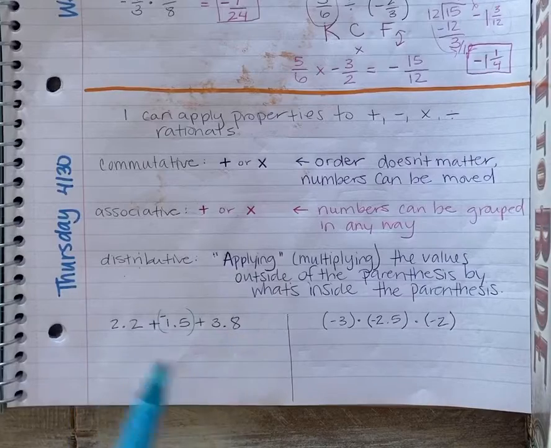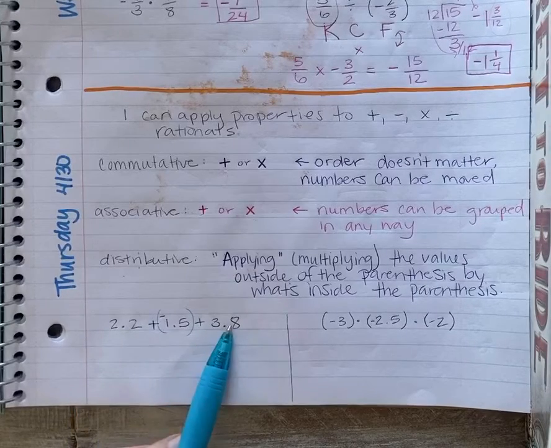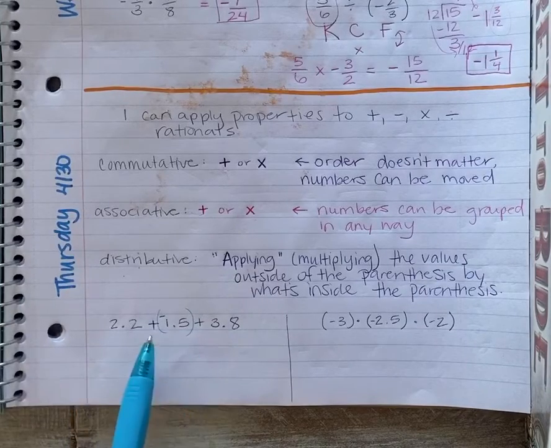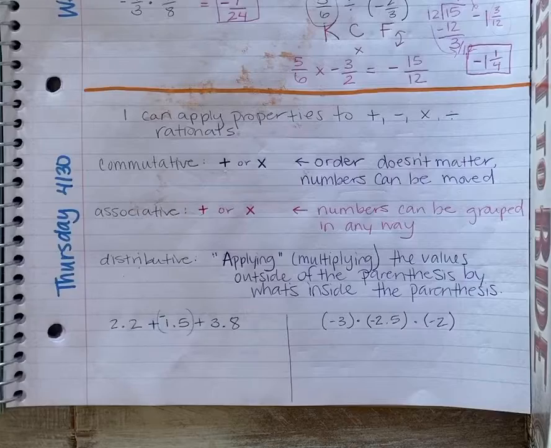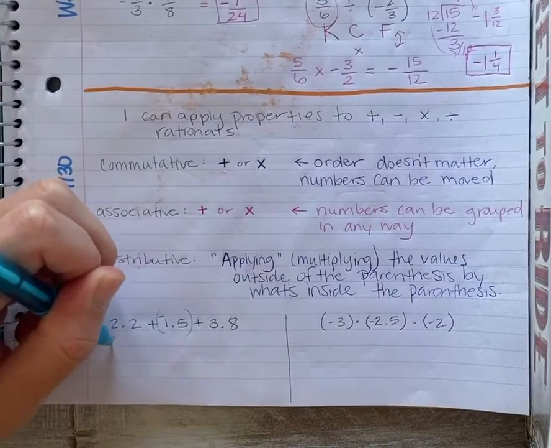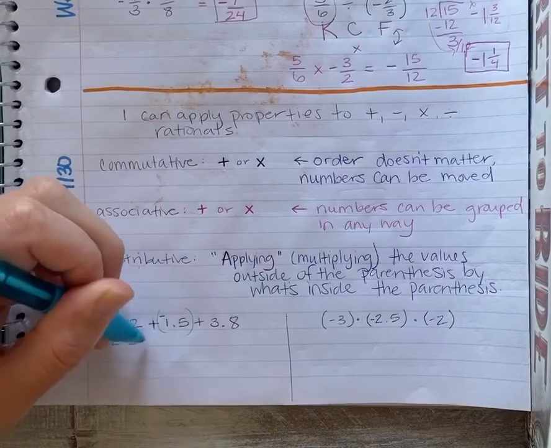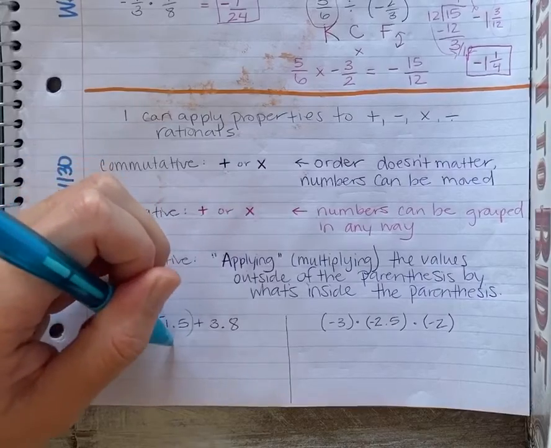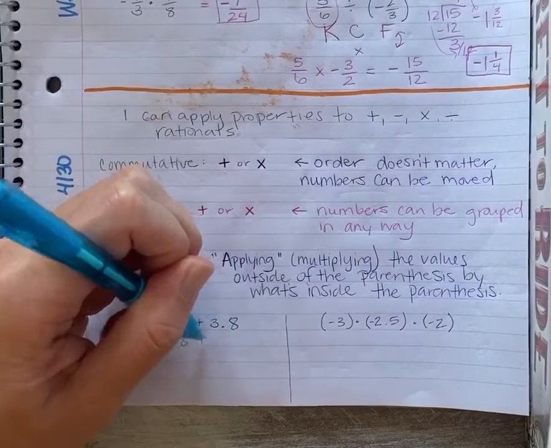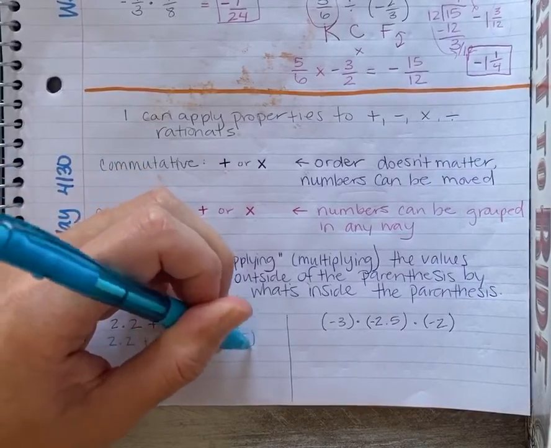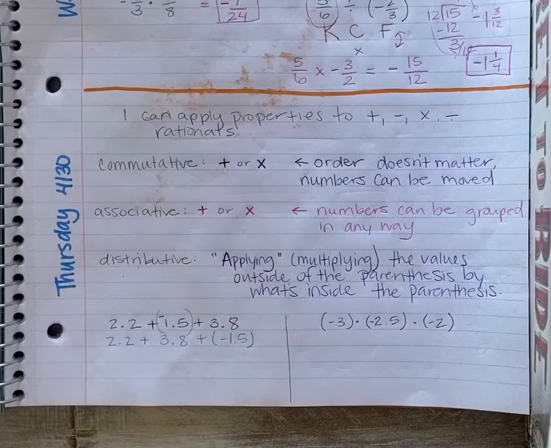Now, if I wanted to move these numbers around, could I? Yes. The reason I can is because now I'm adding all three terms. If I were changing the order of this equation, I would write it as 2.2 plus 3.8 plus negative 1.5.